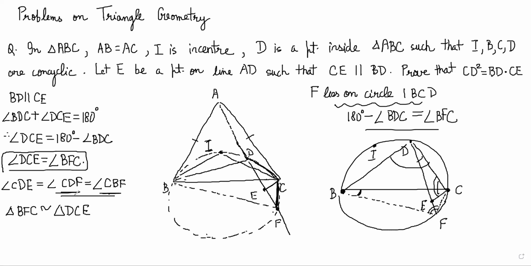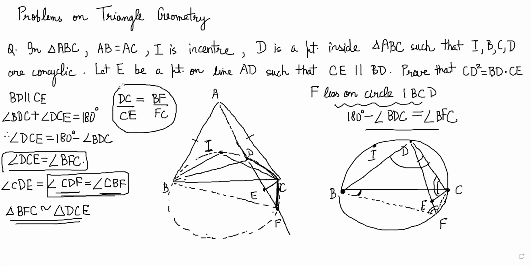DCE is BFC, and we also have this other result, right? So by AA similarity, these two triangles are similar, BFC and DCE. Go back through the arguments and you'll realize that this is similar. And if it is similar, we have DC by CE in triangle DCE should be equal to BF by FC by similarity. So this is my first result.